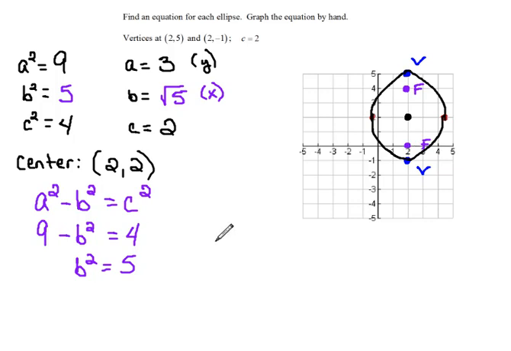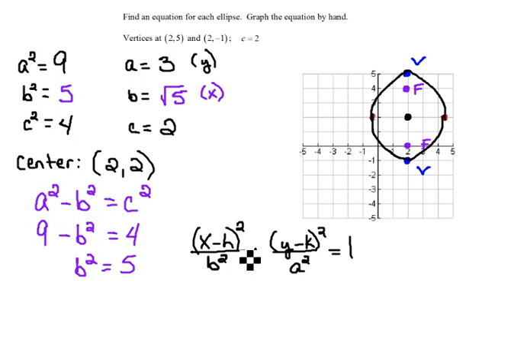Now, our equation should be (x - h) squared over something plus (y - k) squared over something equals 1. Since this is elongated in the y direction, a squared will be underneath the y's and b squared will be underneath the x's. We already know all of these parts.